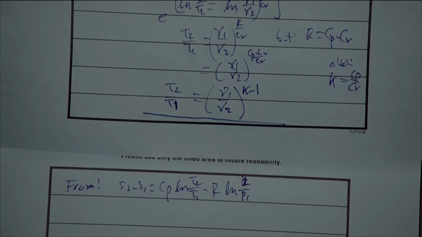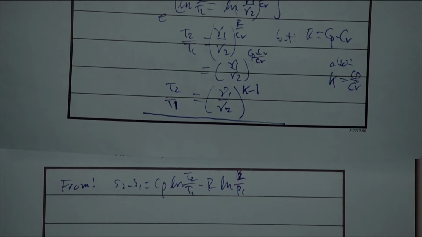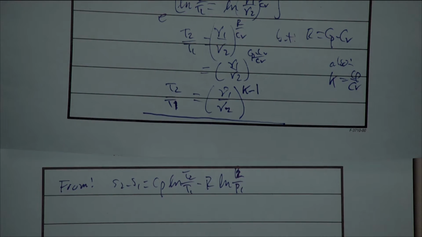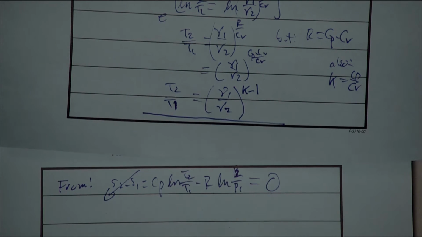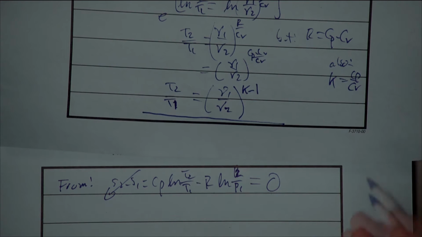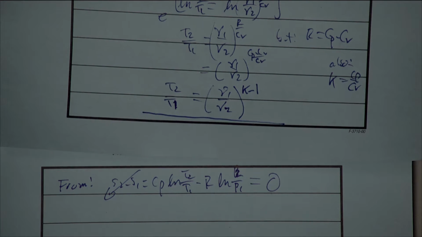I can start with that particular equation, and I could go through some similar derivations. This is still going to equal 0. I don't want to have to go through the mathematics, but the mathematics is very similar to the mathematics above.